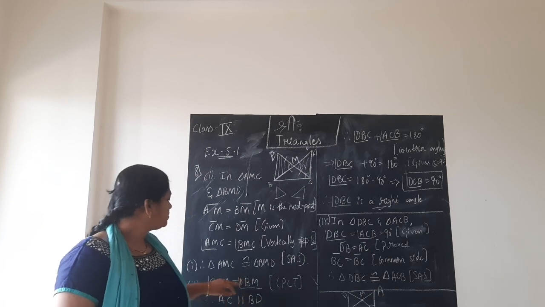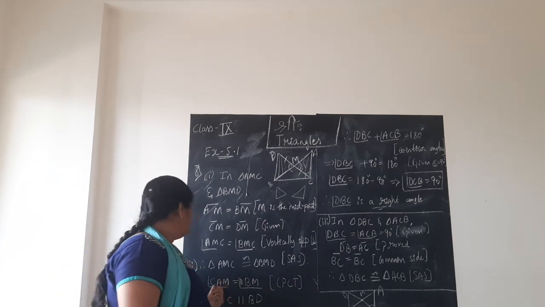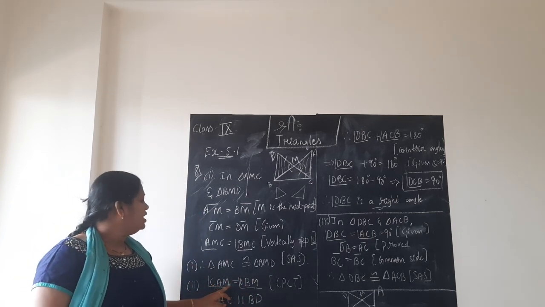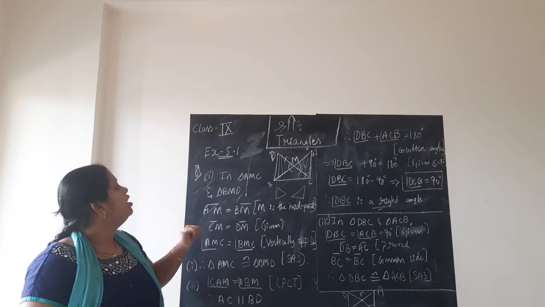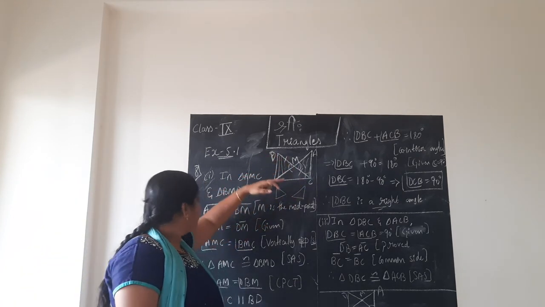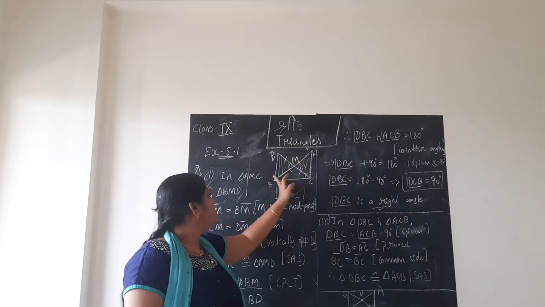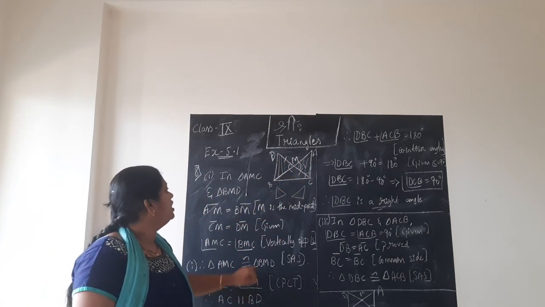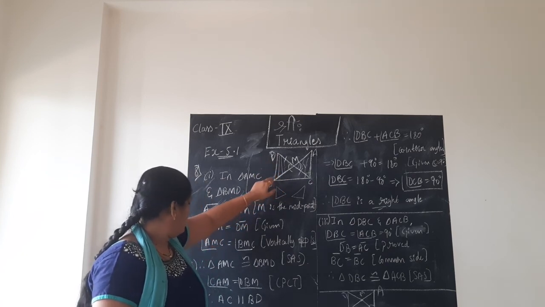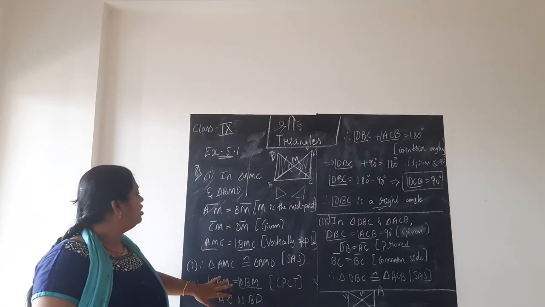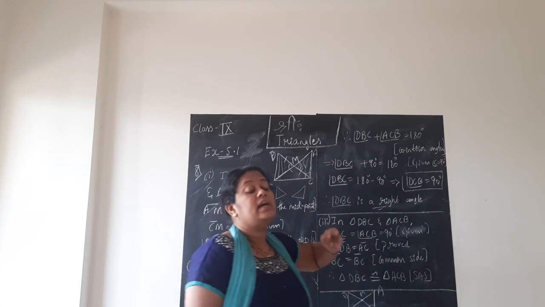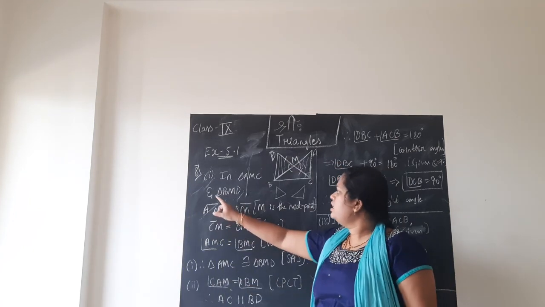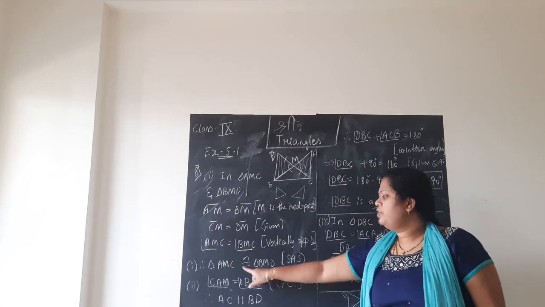For that, what we shall do is, first we take angle CAM is equal to angle DBM. Angle A and angle B are equal. Why? Because both angle A and angle B come in these two triangles which we proved congruent.